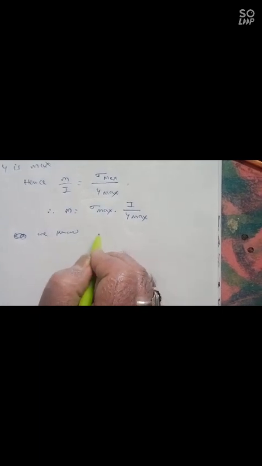Therefore moment of resistance M equal to sigma maximum into I by y maximum. And we know I by y maximum is equal to the section modulus Z. So therefore moment of resistance M equal to sigma maximum into Z.